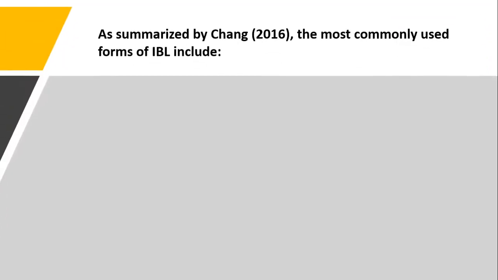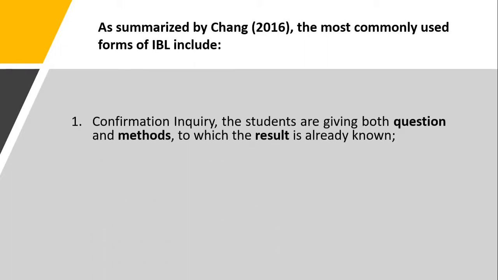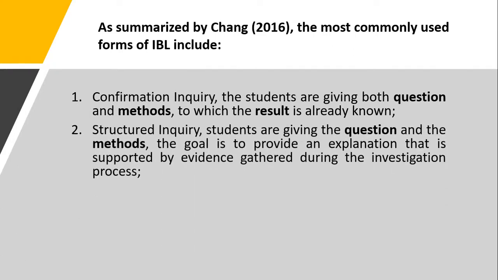In summary, Chang 2016 summarized the forms of inquiry. Confirmatory inquiry: the students are given both questions and the method, to which the result is already known. Structured inquiry: students are given questions and the method.